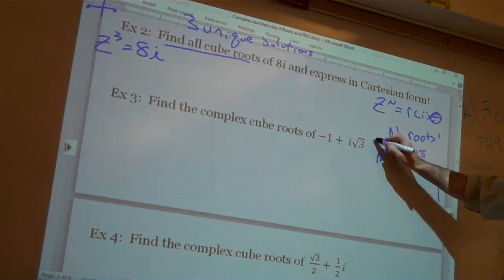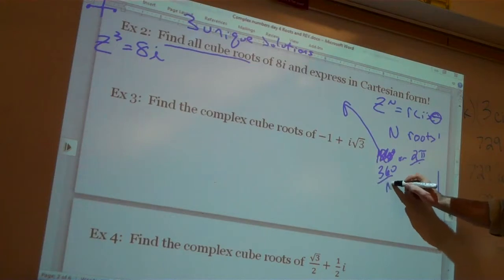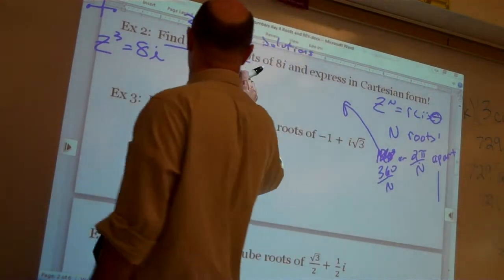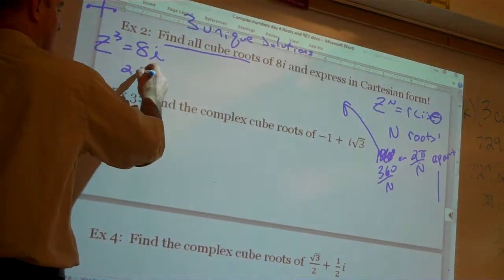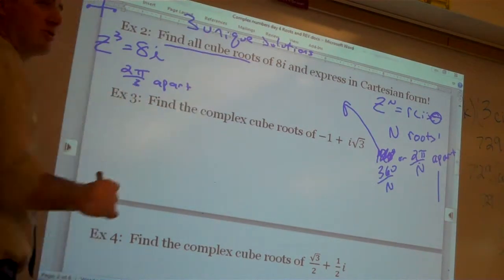So this would be 360 over n, or 2 pi over n apart, because they have to be equally spaced out in order for this to work. So the cube roots will be 2 pi over 3 apart, or 120 degrees.